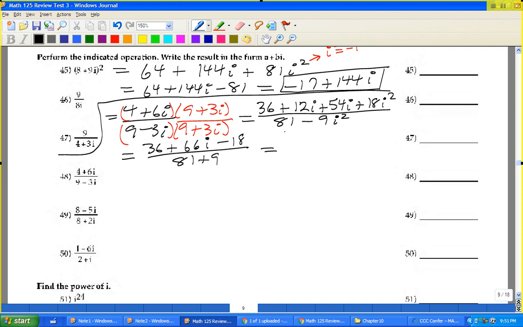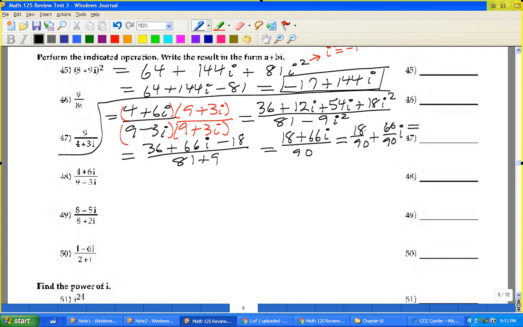So I get 18 plus 66i all over 90. Oh, so you can divide by 3. So this is equal to, let me write it this way, 18 over 90 plus 66 over 90 i.